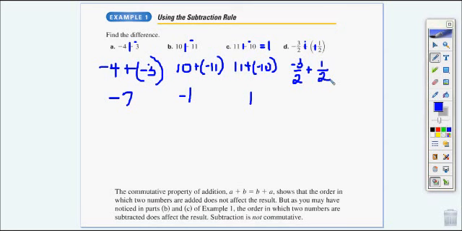Different signs, -3/2 and a +1/2. I'm combining those. So the difference between 3/2 and 1/2 is going to be 2/2. Take the sign. 2 over 2 equals -1. So my answer there is a -1.